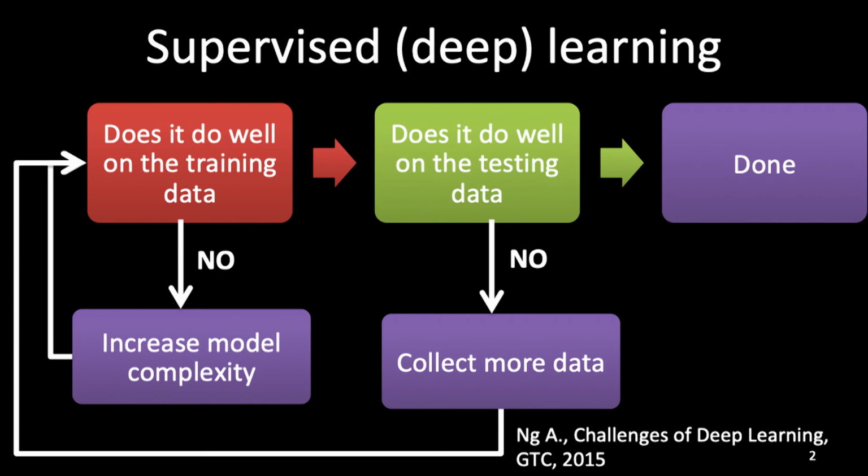If it performs well on the training data, which means you have a good learning capability from the model, you try to test that model on the testing data. If it performs well, then you are done, right? If it is not, then you need more data, or you have to do some other tricks to improve the generalization. So you collect more data and do this in an iterative fashion. So this is the ideal workflow.